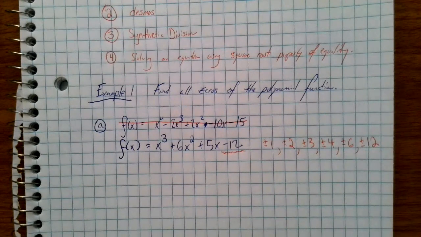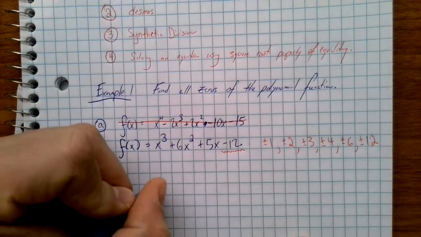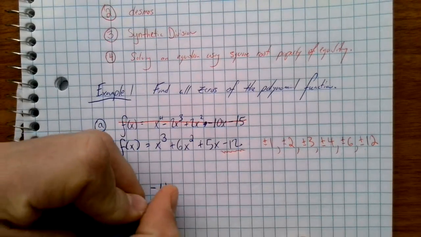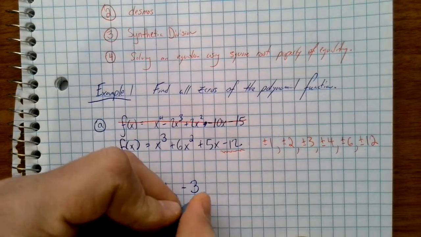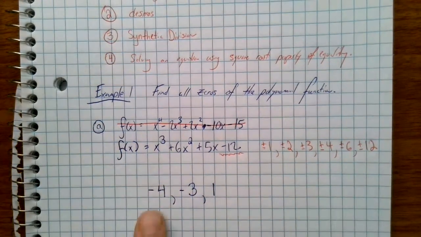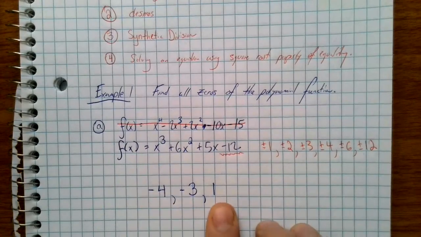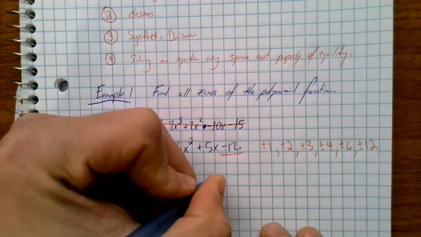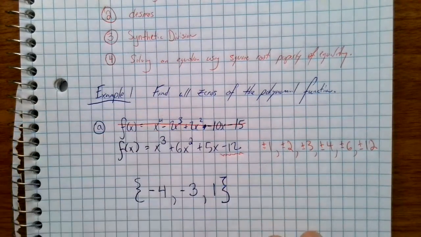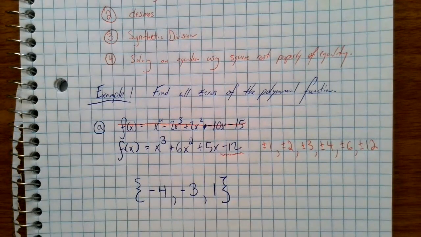Hopefully, after graphing the function, you found that the function crosses the x-axis at the 3 following locations: -4, -3, and 1. Yesterday, I wrote these all out as x equals and did not use set notation. Today I'm going to use set notation like Mrs. Connors did in the previous section, section 5.7.